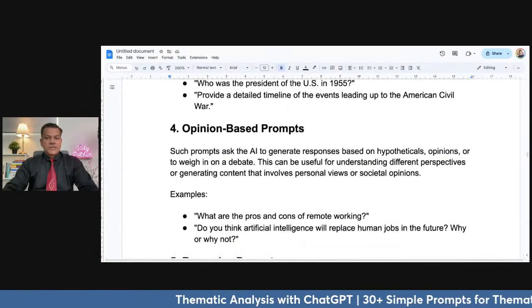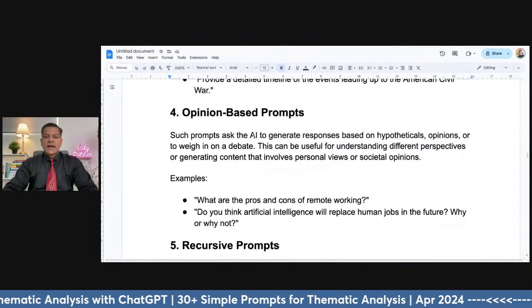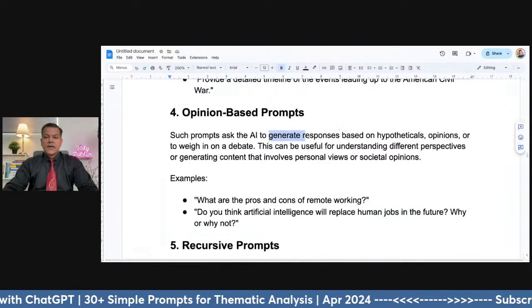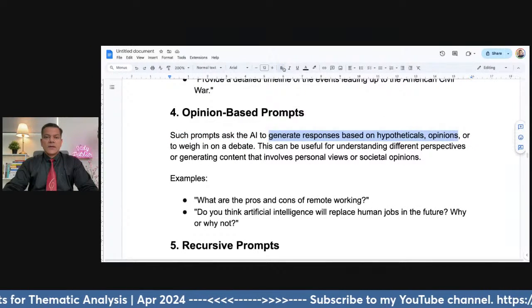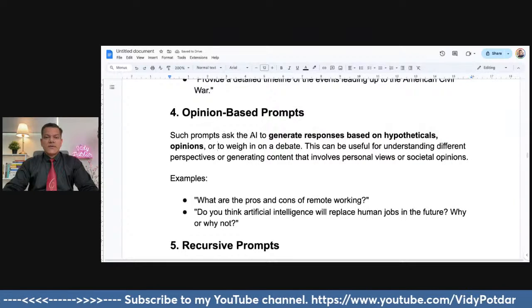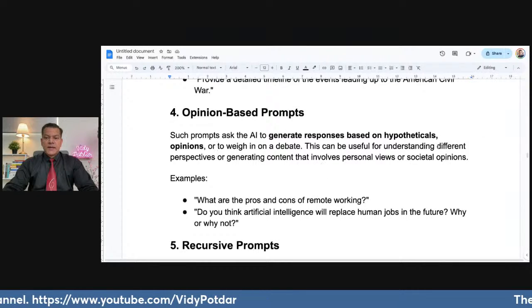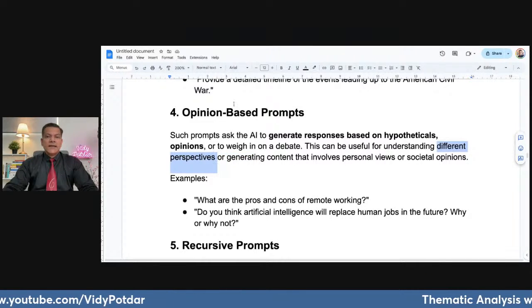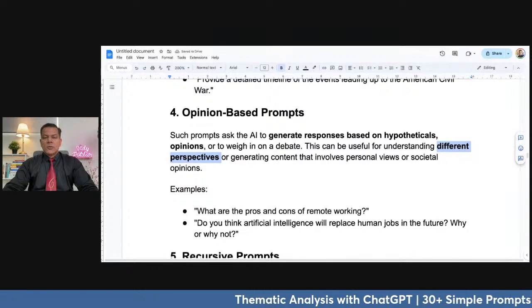Next is opinion-based prompts. Such prompts ask AI to generate responses based on hypotheticals, opinions, or to weigh in on a debate. Basically, we are asking for an opinion from AI. This can be useful for understanding different perspectives or generating content that involves personal views or societal opinions.